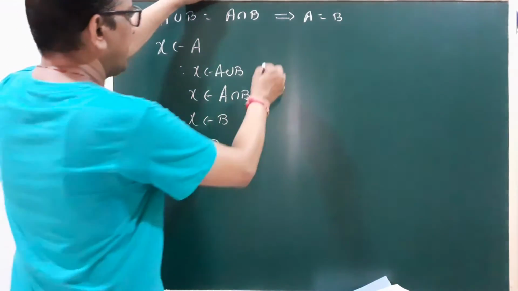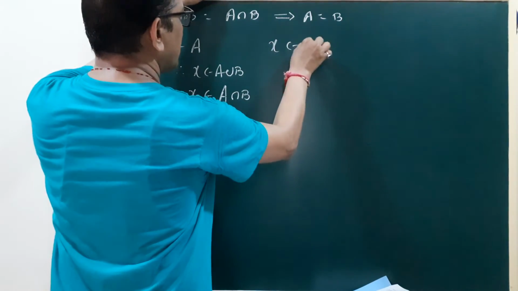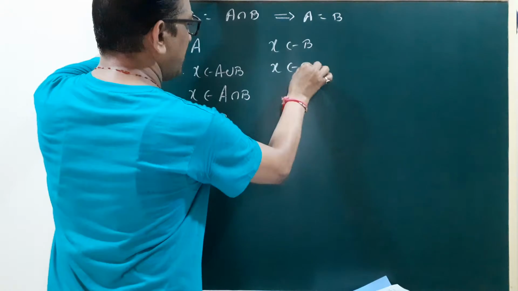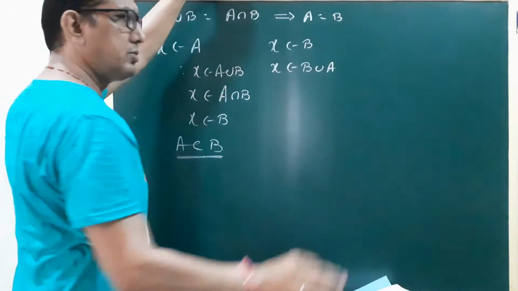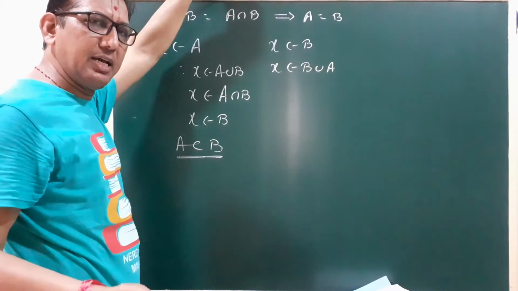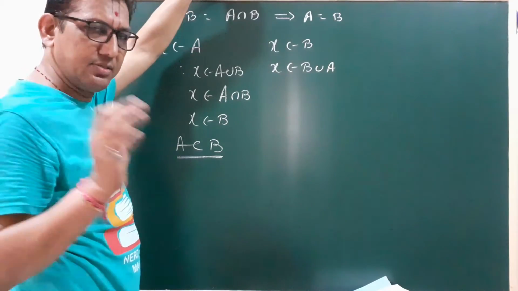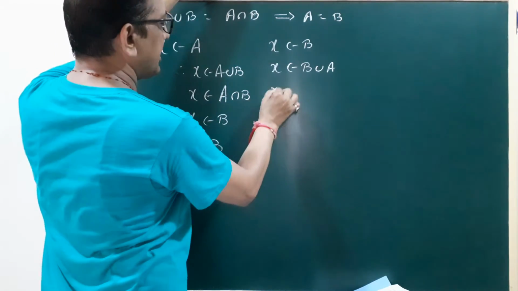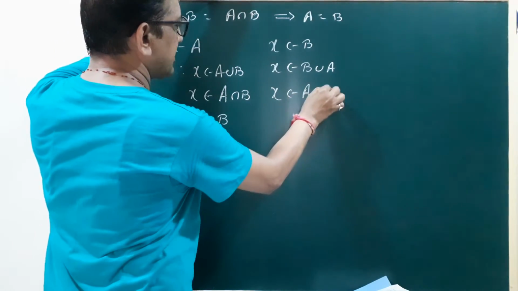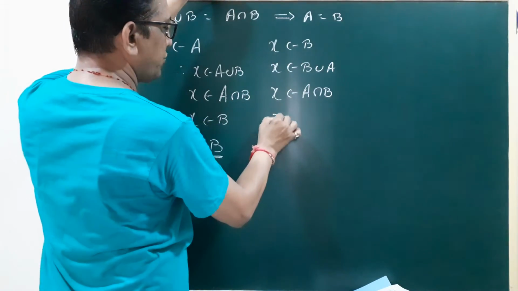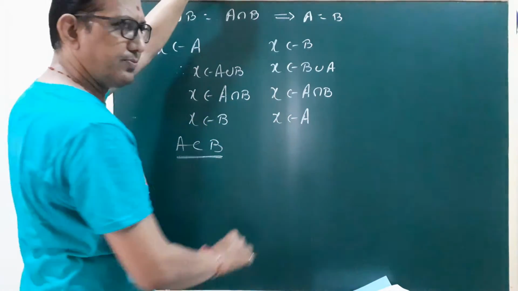Again, suppose we take X belongs to B. So X belongs to B union A also, because by the definition of union, it includes the elements of both sets. But B union A and A intersection B are both equal, so X belongs to A intersection B. So X belongs to A also.